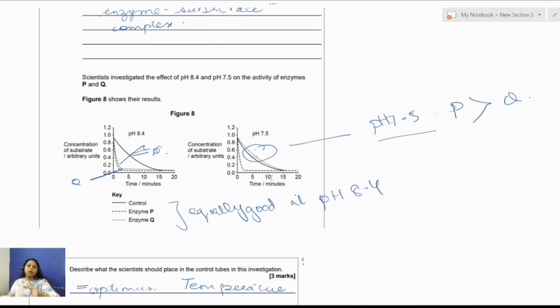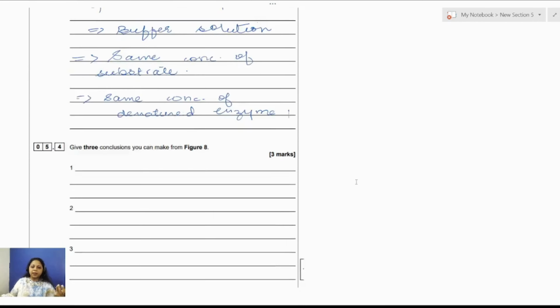What makes the activity of Q less? Maybe Q is denatured due to the change in pH, which is 7.5. So this can be a conclusion.